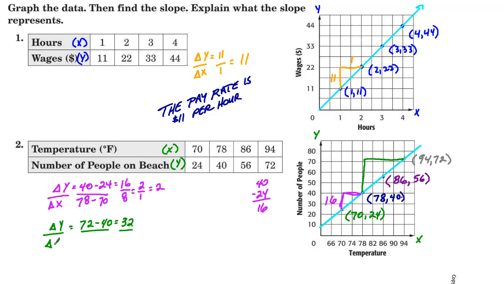Meanwhile, the change in x, well, we went from 72 to 40, we went from 94 to 78. 94 to 78, which is a change of 16. 78 plus 10 more is 88, plus 6 more is 94, which is also 2 to 1, or 2.